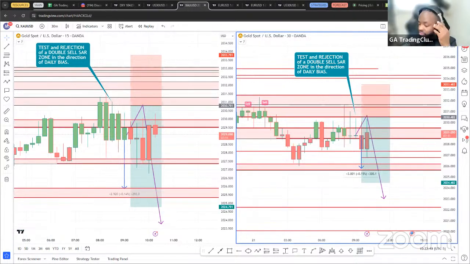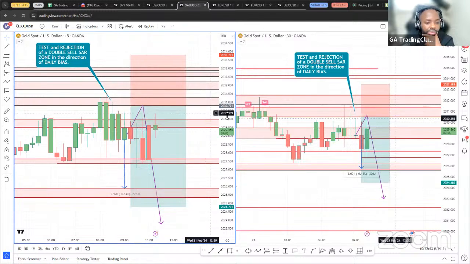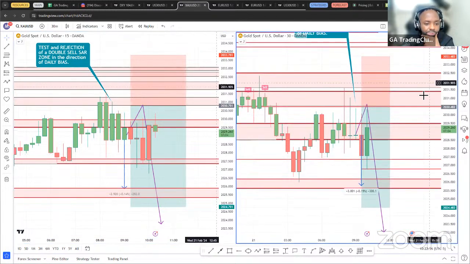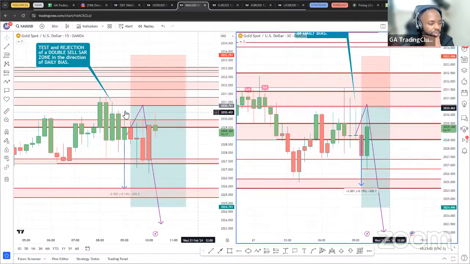When we do take this trade, I'll be calling it a day for the live session. Gold looks like, I don't know if anybody noticed, gold came close to entry around the entry zone.